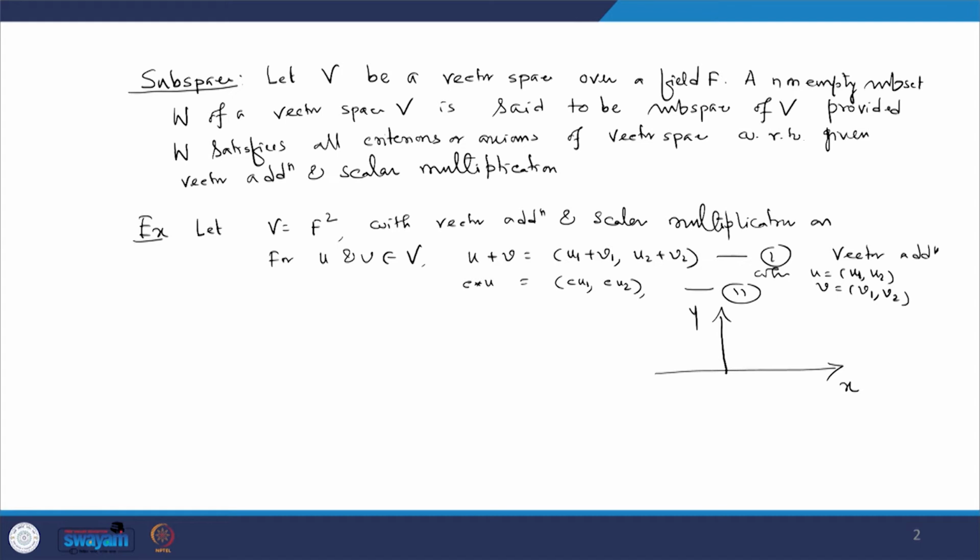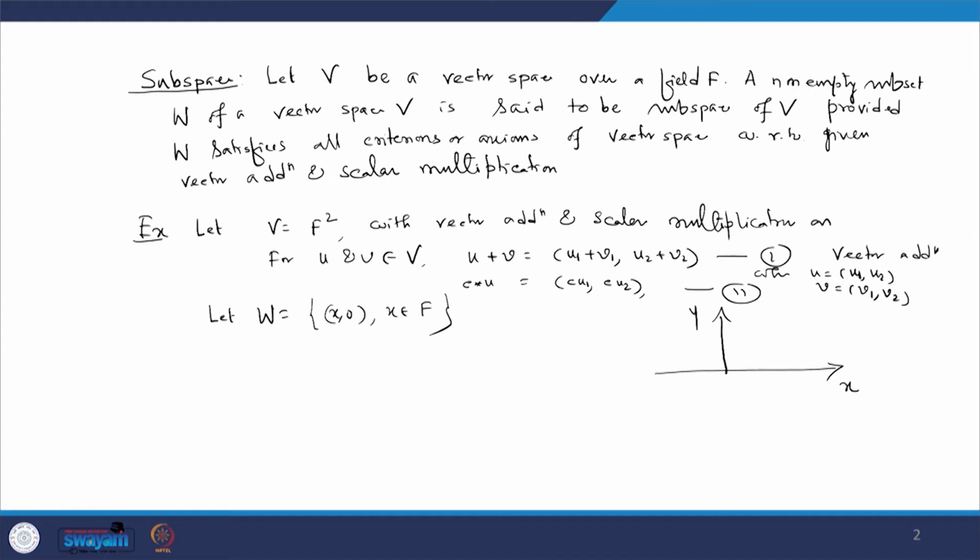Now, if I consider all the points on the x axis, let W equal the set of all points (x, 0), x belongs to F. I mean all the two tuples where the second entry is 0.